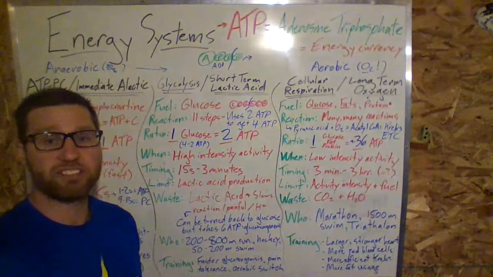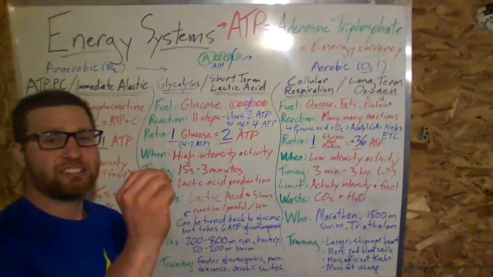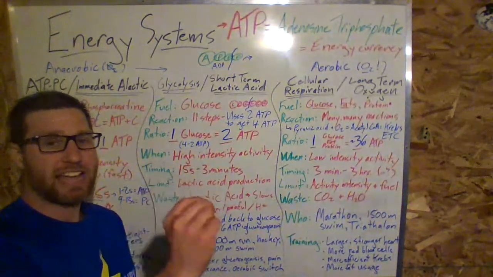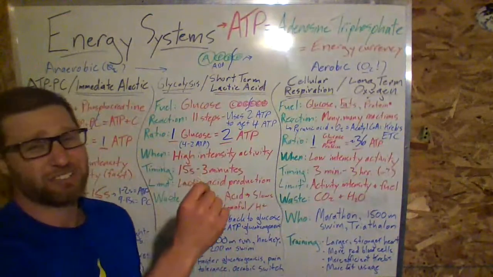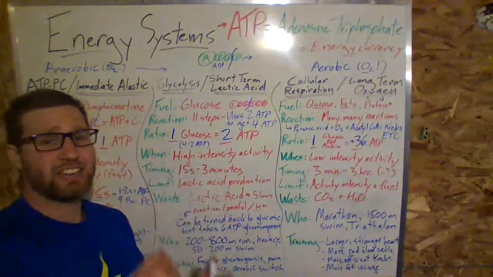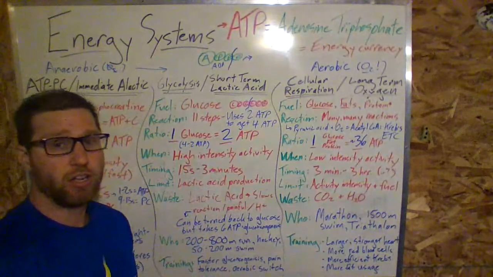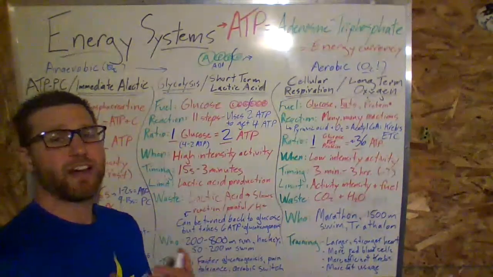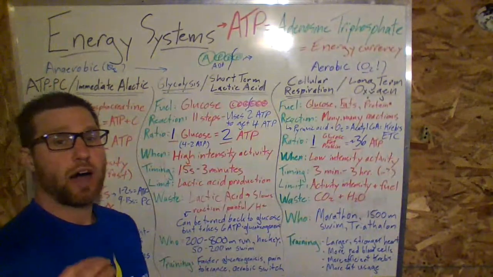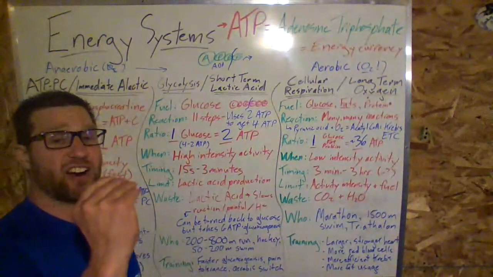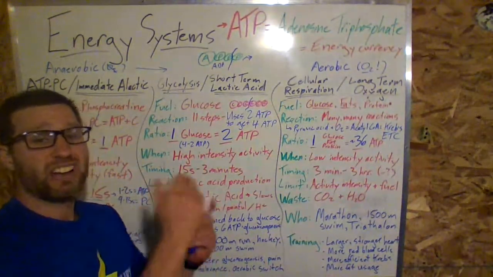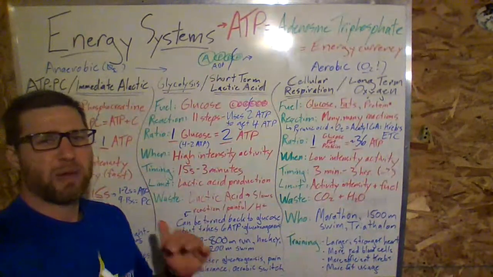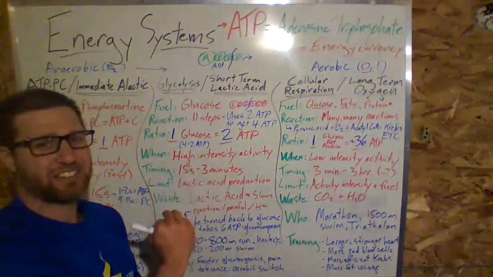And then the aerobic switch. So if I can go at a fairly high intensity and use my aerobic system, that's much better because I can use that system for much longer. So if you train your short-term lactic acid system, you actually develop the ability to go at a slightly higher intensity and utilize your aerobic system a bit more at the same intensity level.